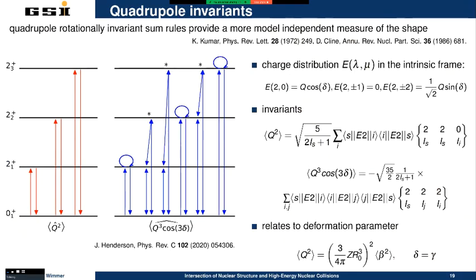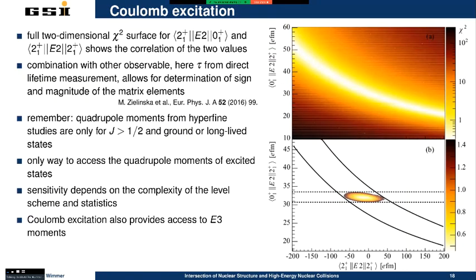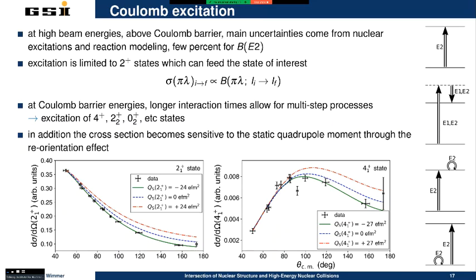Can I just, I'm sorry, but if you go back one more, you have the 3 curves on the left and the right. What are those again? They have different sign. So the blue one assumes 0 quadrupole moment. And then green and red assume prolate or oblate deformation.